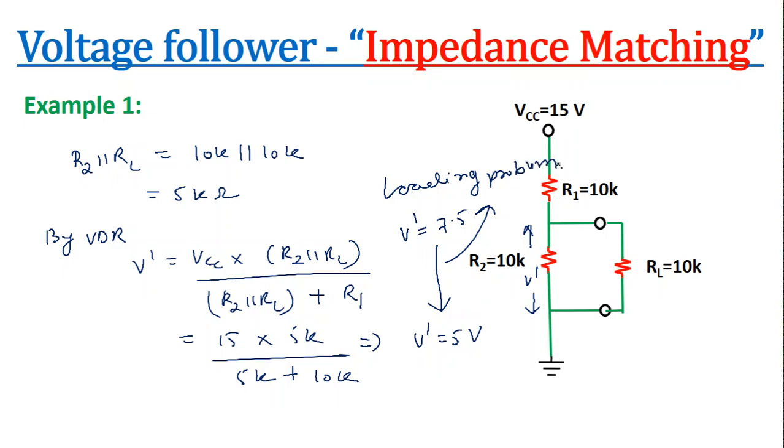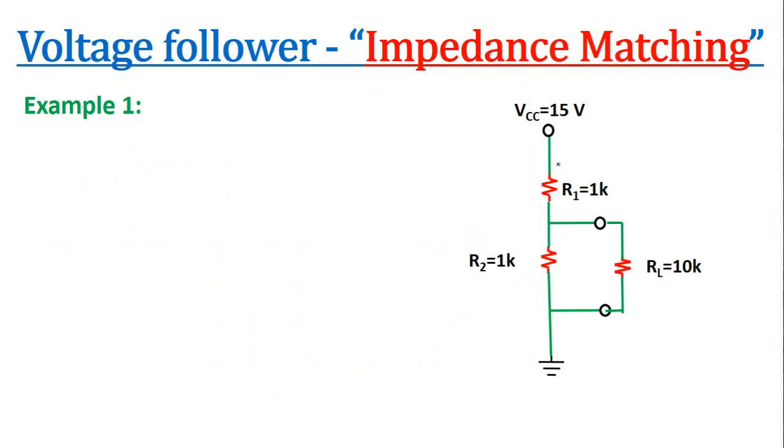Now how do we eliminate this problem? Let us see one solution. We have changed the voltage divider resistances R1 and R2 to 1 kilo ohm; previously they were 10 kilo ohm. Let us say that this resistance RL needs a voltage of 7.5 volt only, so for this we have changed the potential divider resistances to 1 kilo ohm.